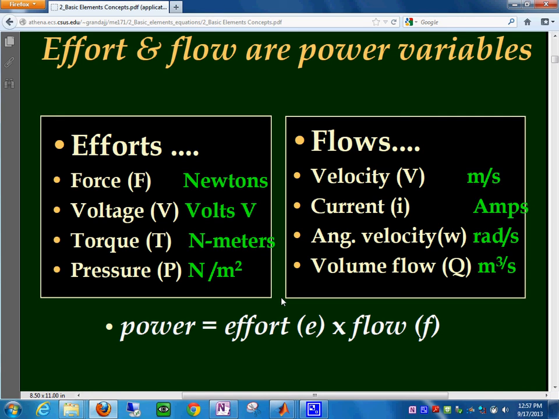So you could say that if you examine it downwards, this force behaves like a voltage, behaves like a torque, like a pressure within this family. But each one, while they might be alike, they're not the same, and the units are different.